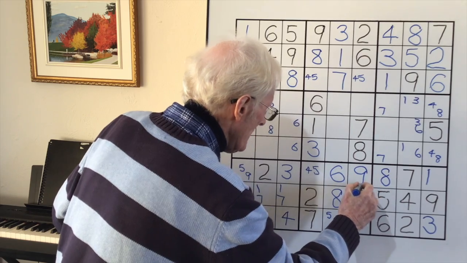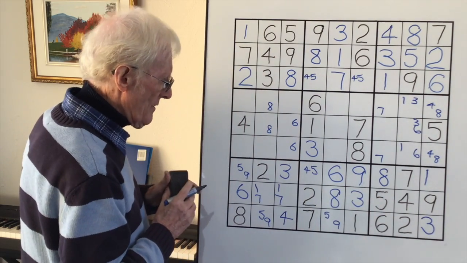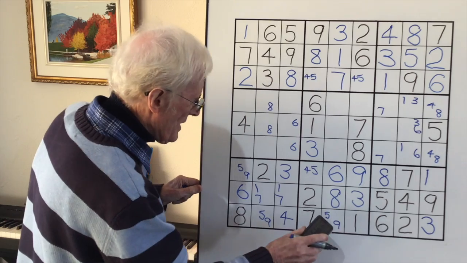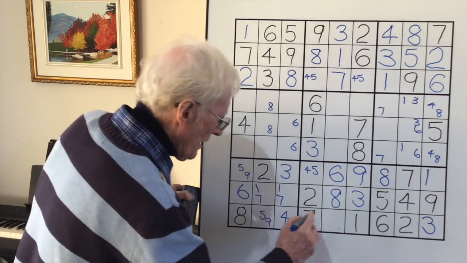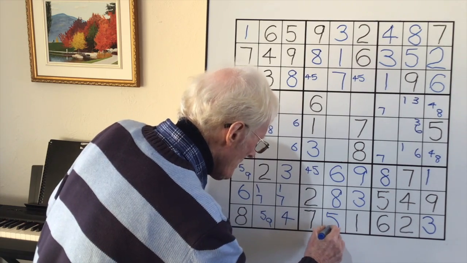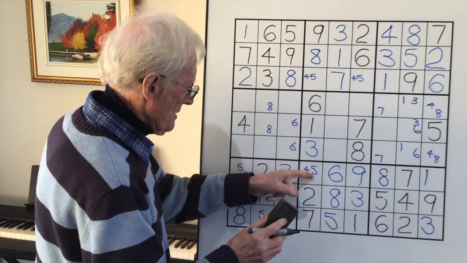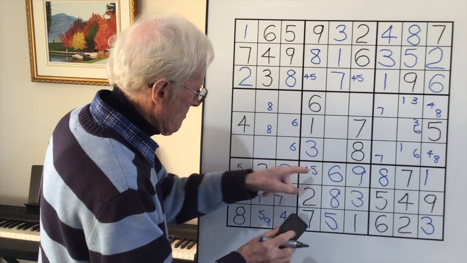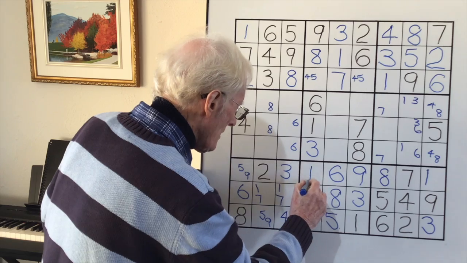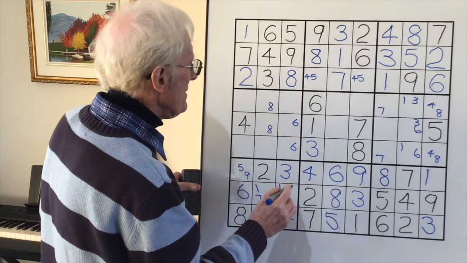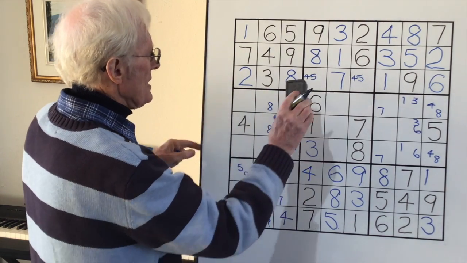There is the 9. Now what does that do? Let's have a look. You can probably see right away. This 9 goes, and it becomes a 5. That 5 goes, because this sees a 5, that means that 5 goes, and this becomes a 4. Okay, if this becomes a 4, look at what this becomes.